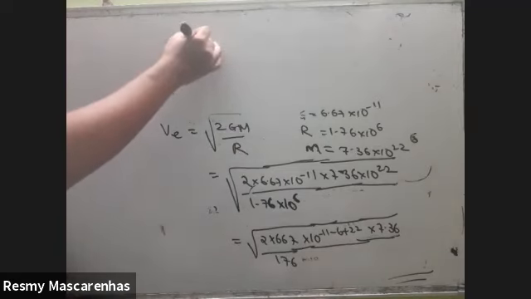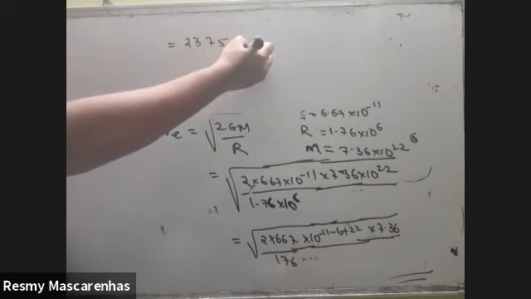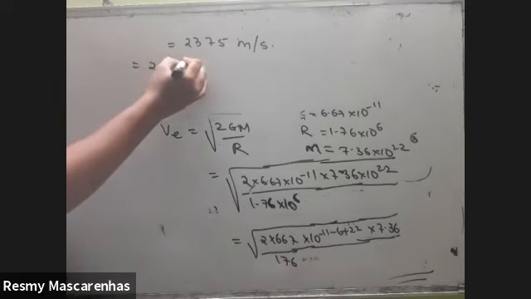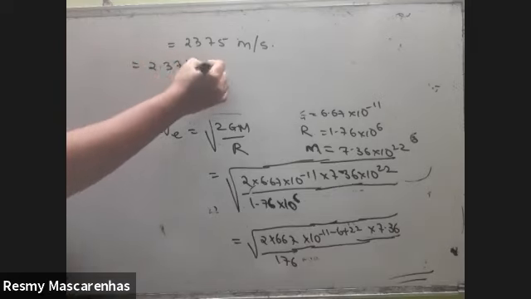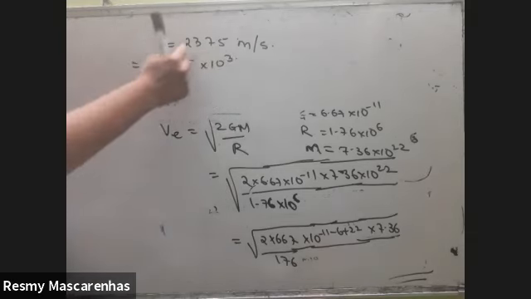The answer will be 2375 meters per second. Basically you'll get it this way approximately, and then after multiplying, you may get it like this.